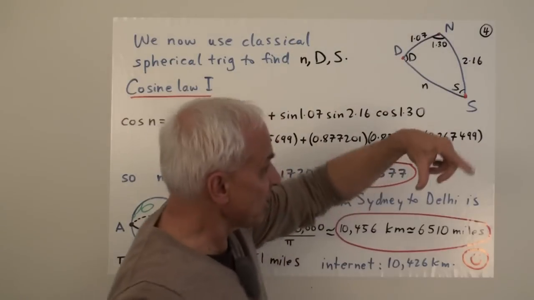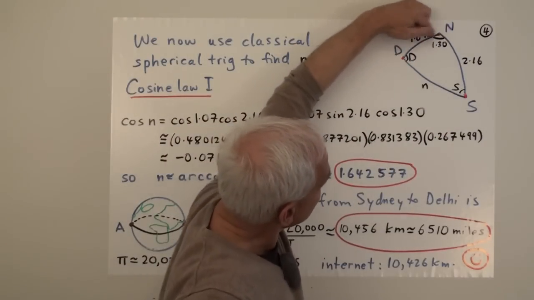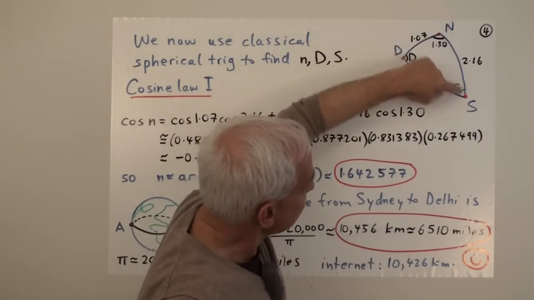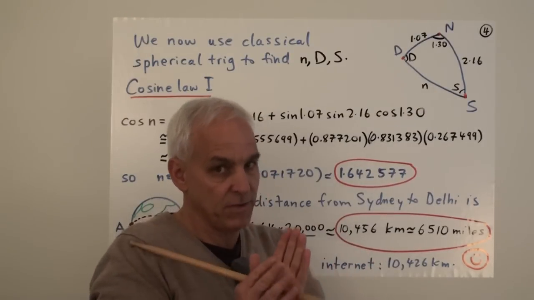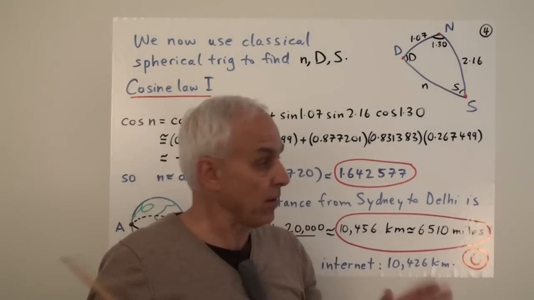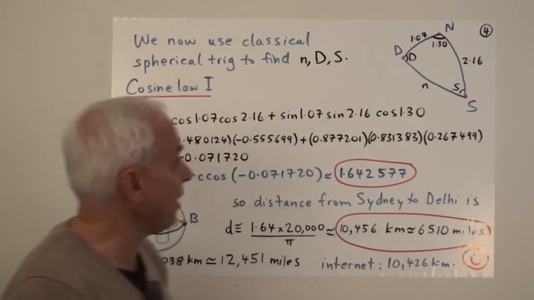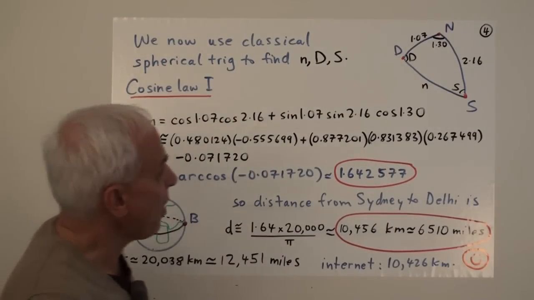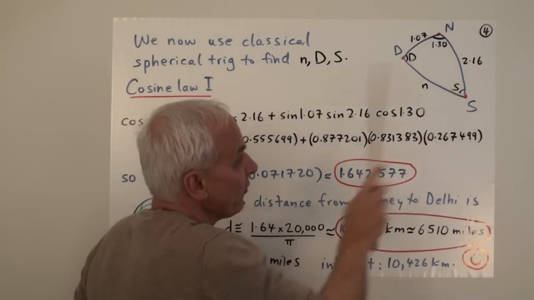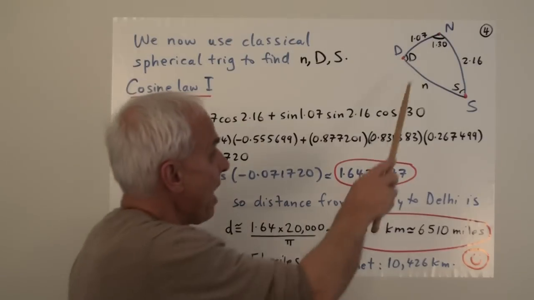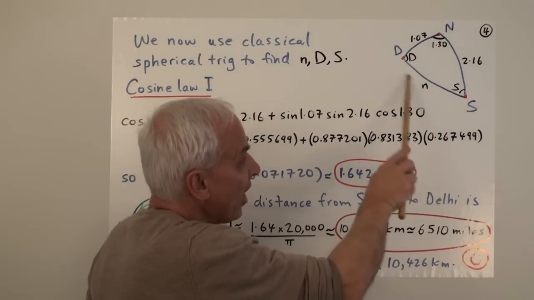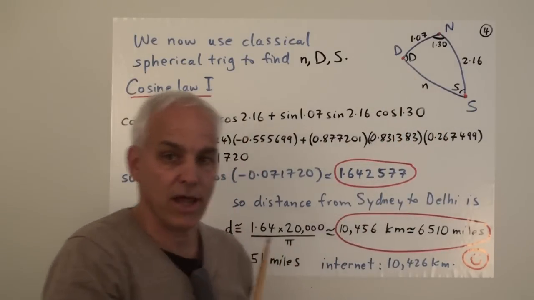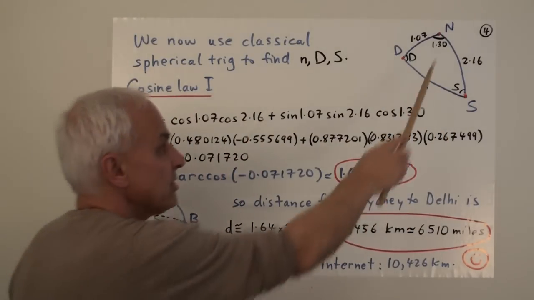This is the usual angle between that side and that side. These sides as angles are a little more subtle: they're the angles subtended from the center of the sphere that we can't see right now. There are other angles at the other two vertices, let's call them capital D and capital S. And there's also this side here, which we'll call little n, because it's opposite capital N.